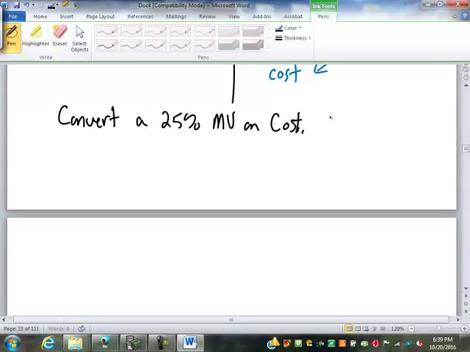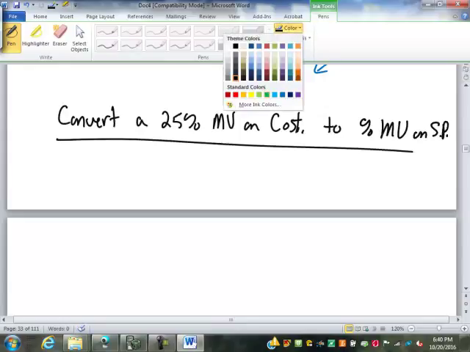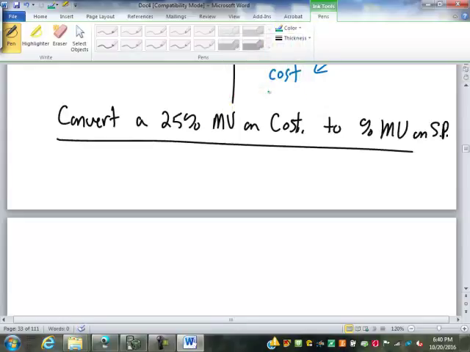We're going to convert that to percent markup on selling price. So convert a 25% markup on cost to a percent markup on selling price. Now you might be looking at this thinking, well, I didn't give you a dollar amount. How do I know what that's going to be if I don't know the dollar amount of anything? The dollar amount doesn't matter. The conversion will always be the same.